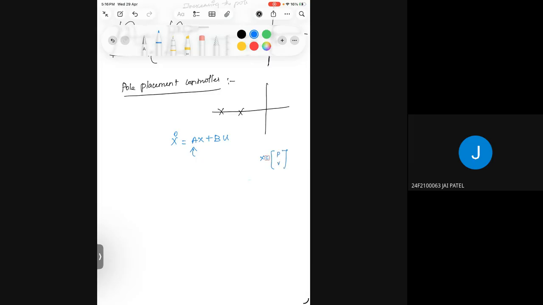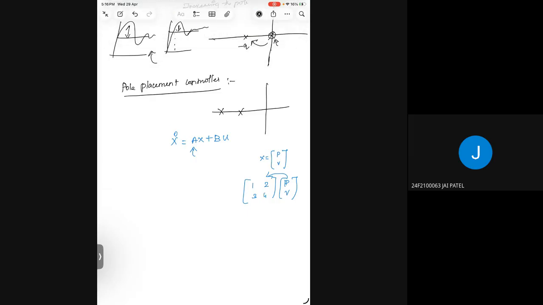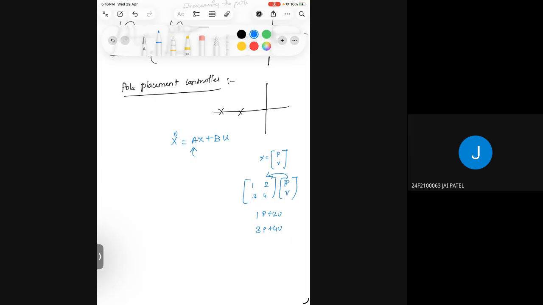Then the matrix that holds 1, 2, 3, 4 for this position and velocity holds the information about my states. So this is the powerhouse, the power of the cell that holds the information. I would say this will be 1p plus 2v, 3p plus 4v, so I will get to know the coefficients, or the energy in terms of physics or power, whatever you like to equate it to. That's how it stores the information.